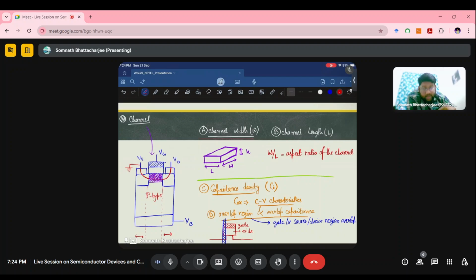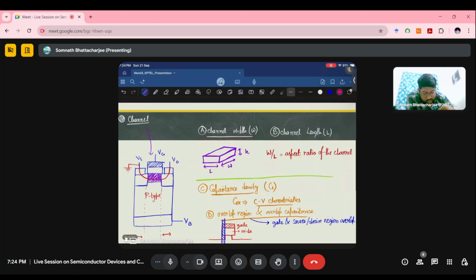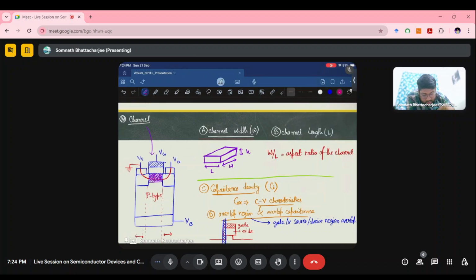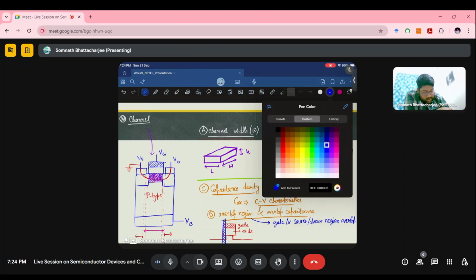And if this is the gate region, there is a certain overlap on both sides: gate with the source and gate with the drain. These two regions are combinedly called the overlap region, and we have a specific capacitance based on this.